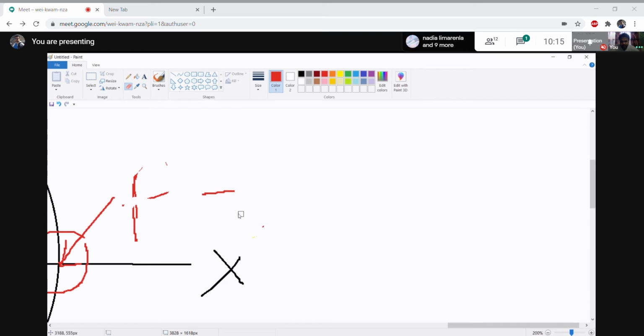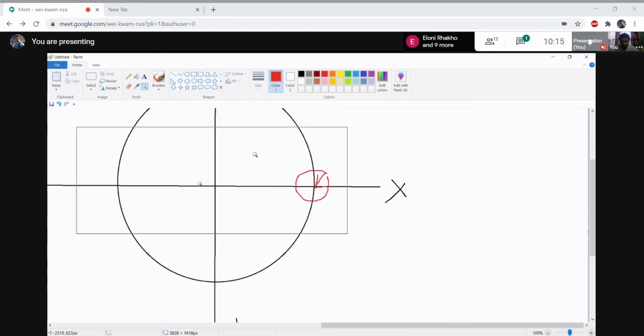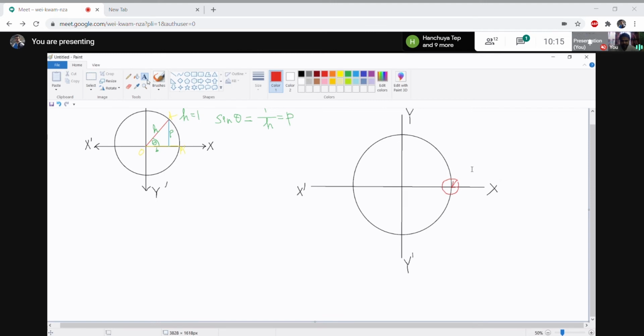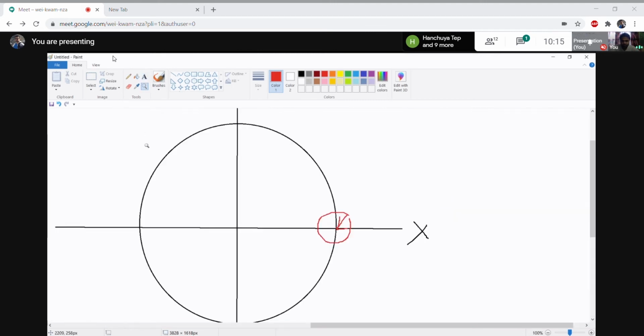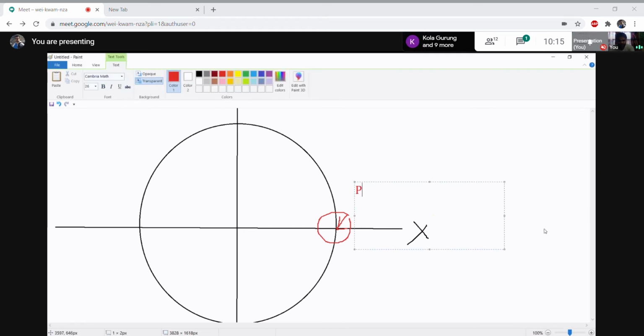Okay, so at this point, P equal to 0 and base B equal to 1. Understood?